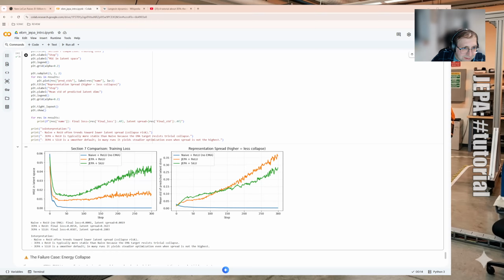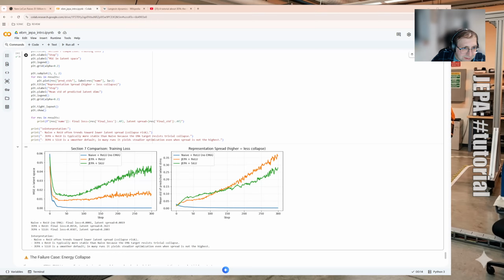So yeah, both variants work. They have some pros and cons, but of course, if you disable this trick of the EMA, you are not getting anything useful from that. So that's the story here.